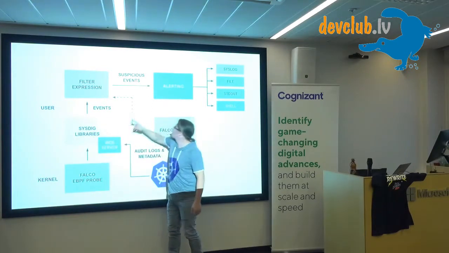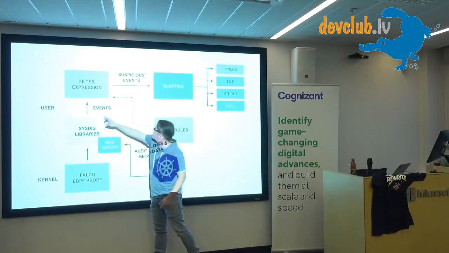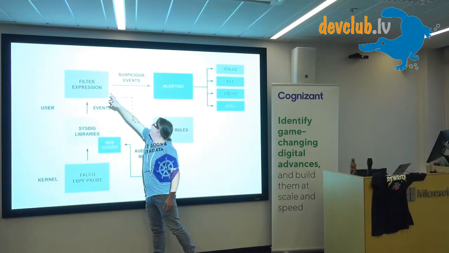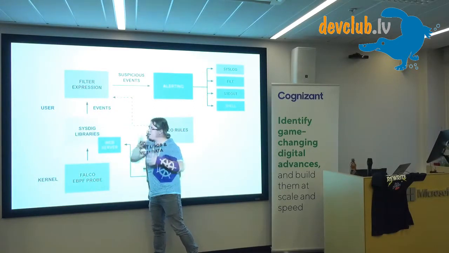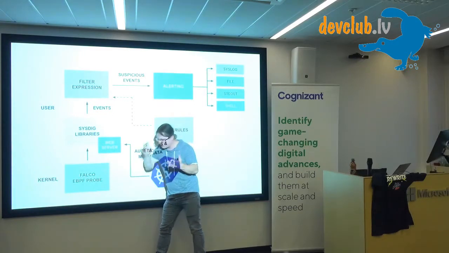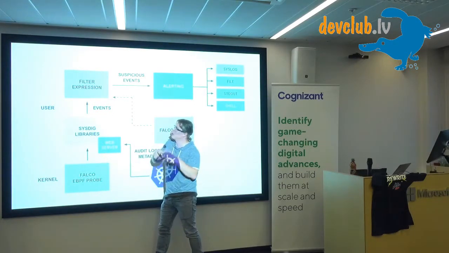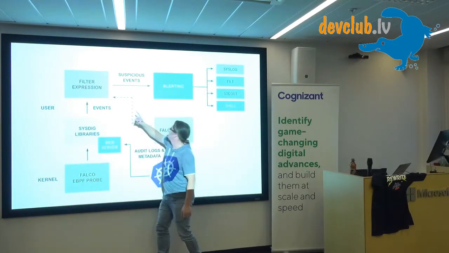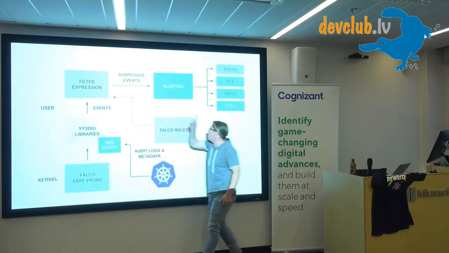and then it passes all these matched things with enriched context and with a defined output message, you will see it later, to different Falco outputs.